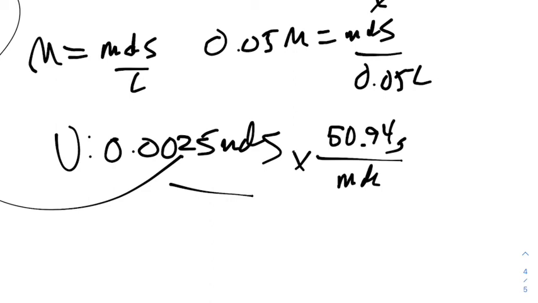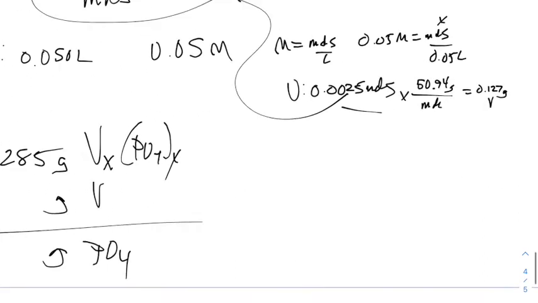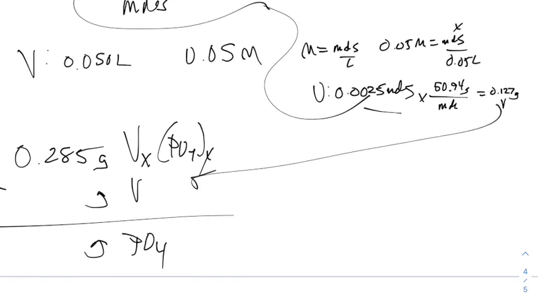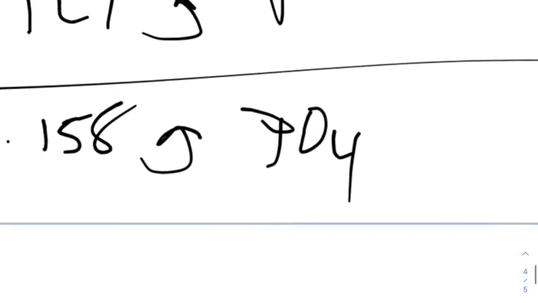So 0.0025 at 50.94 gets you 0.127 grams of vanadium. So I am going to subtract out the 0.127 grams of vanadium. So 0.285 minus the 0.127 gets me 0.158 grams of the phosphate.